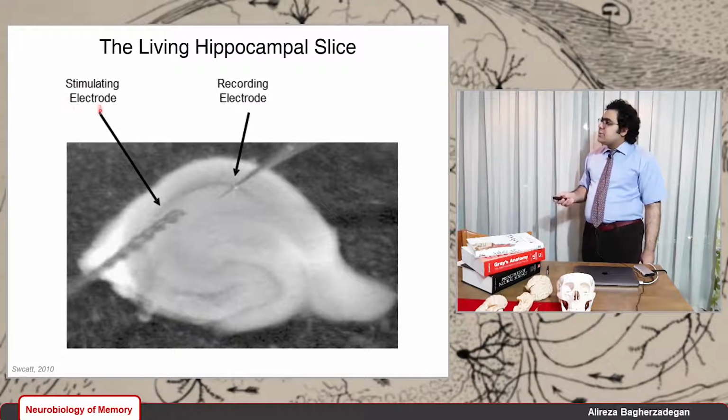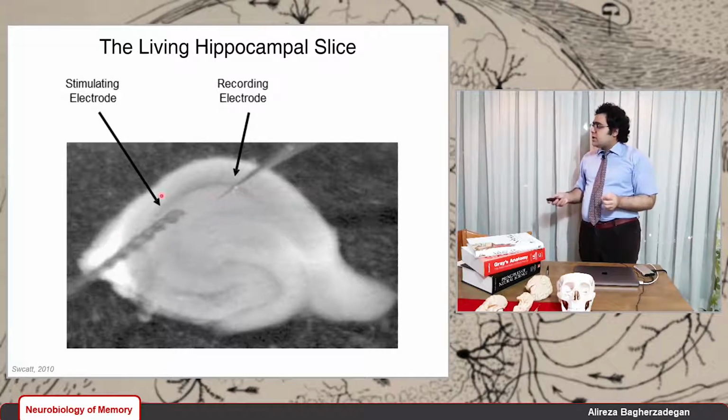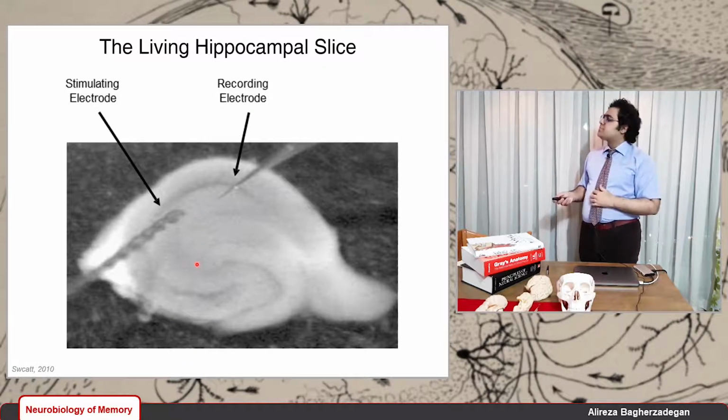So this is a stimulating electrode that stimulates, for example, one pyramidal cell in one area of the hippocampus, and this is a recording electrode that records from another pyramidal cell in another area, and scientists try to figure out the connectivity between those areas and those different cells in different areas of the hippocampus.